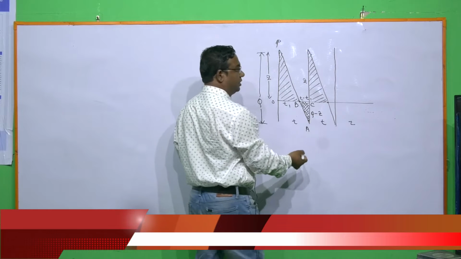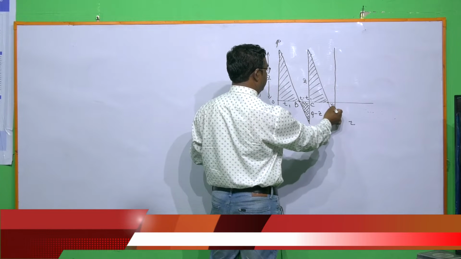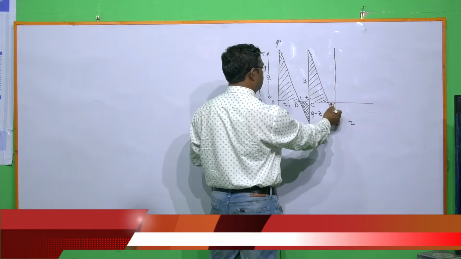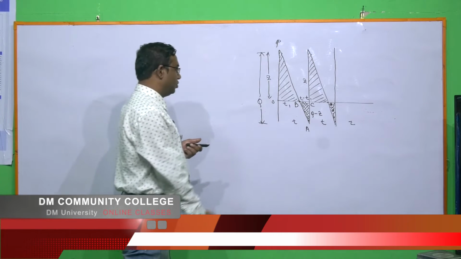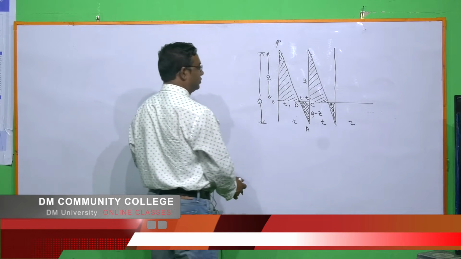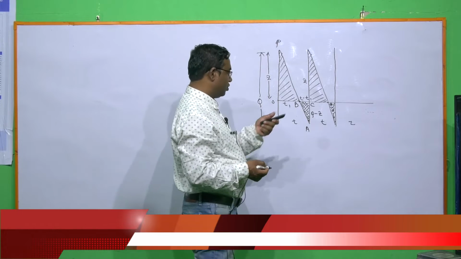So at the end of time T1, shortages are again created. These shortages we have to fulfill during time T. So this is the diagram relevant to this model.